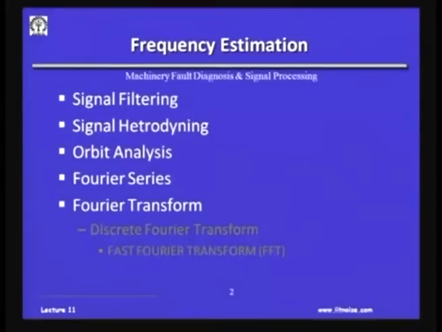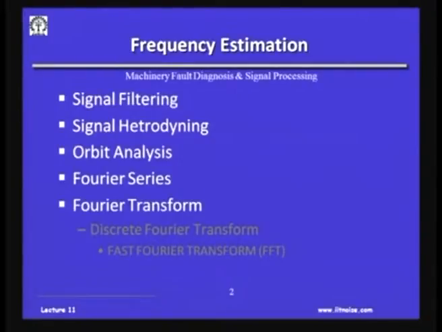Well, to briefly review, we had discussed in the past that even before FFT analysis was available, we could still estimate the frequency of the signal by signal filtering, by having analog filters. It could be band pass filters, low pass filters. Now, we will talk about octave and 1/3 octave filters later on when we talk about audio signals.